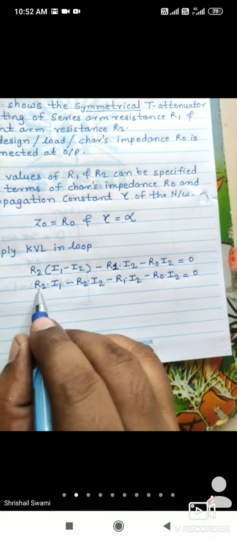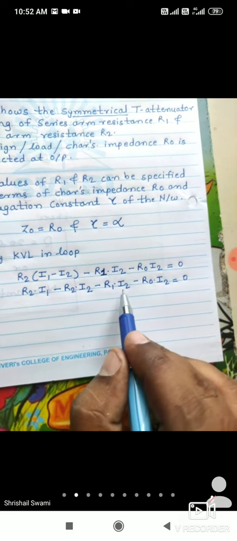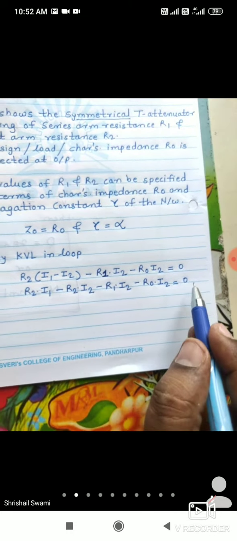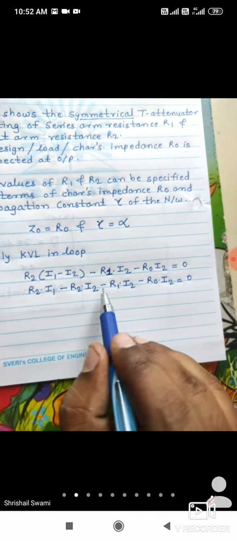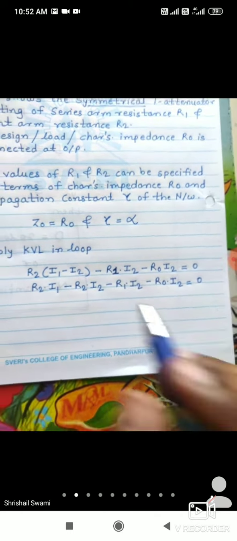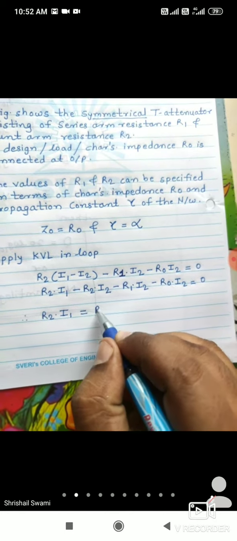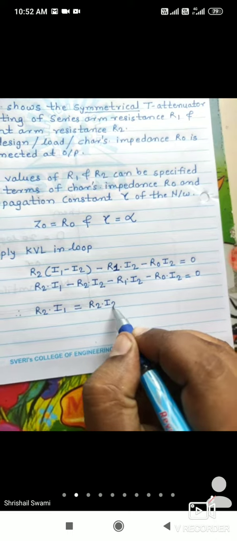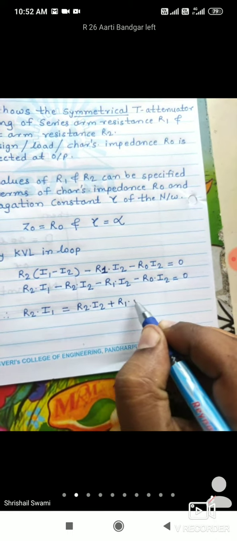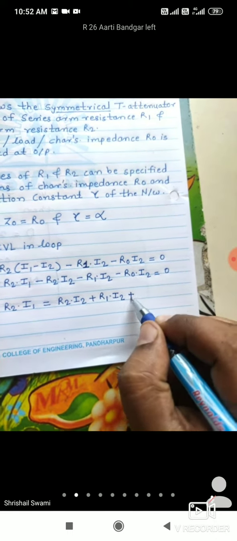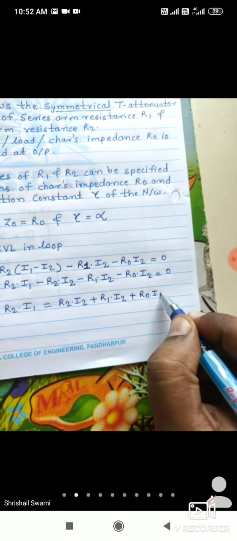Now this part only consisting of I1, so I will keep it on the left hand side. Remaining consisting of I2, that all I will take on the right hand side. So minus minus minus on the right hand side becomes plus. So R2 into I1 is equal to R2 into I2 plus R1 into I2 plus R0 into I2.